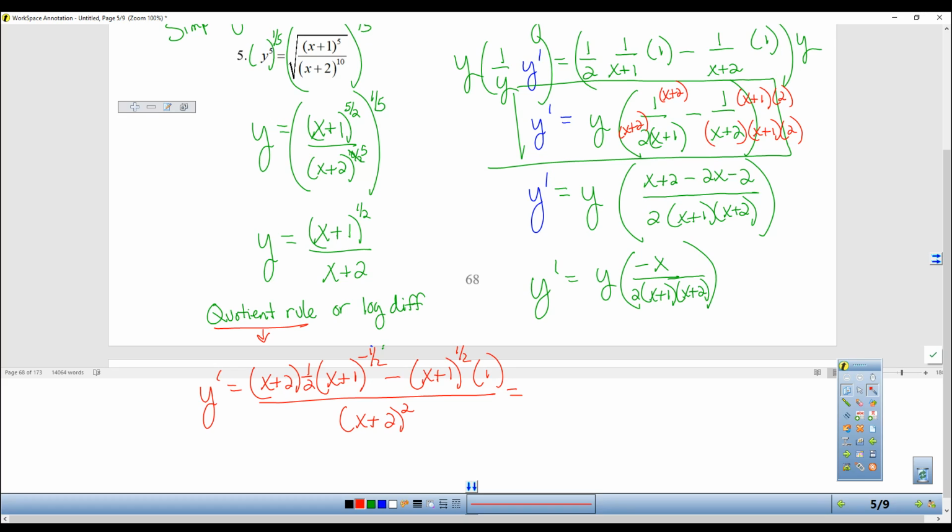That gives me, now you have to factor out this negative 1/2. So x plus 1 to the negative 1/2 comes out, and that leaves me with 1/2 and x plus 2 minus, there's 1 x plus 1 left.